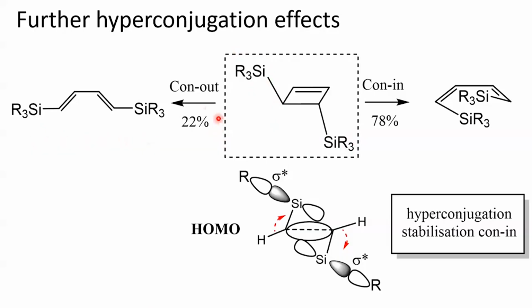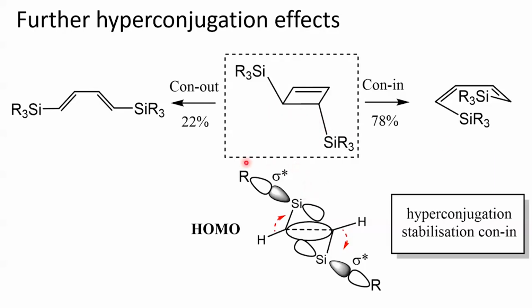But in reality, only 22% of the product will form this less sterically congested product. Instead, we see 78% of the strained con-in product, meaning there has to be some sort of pi acceptor behavior occurring just as this bond here is breaking.